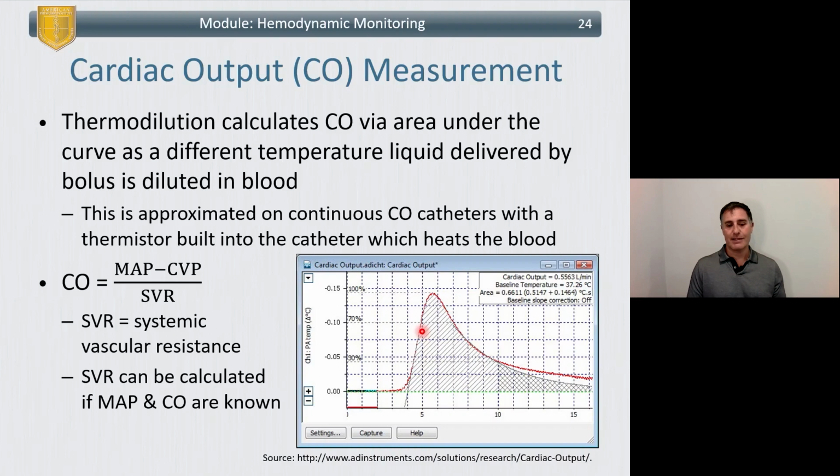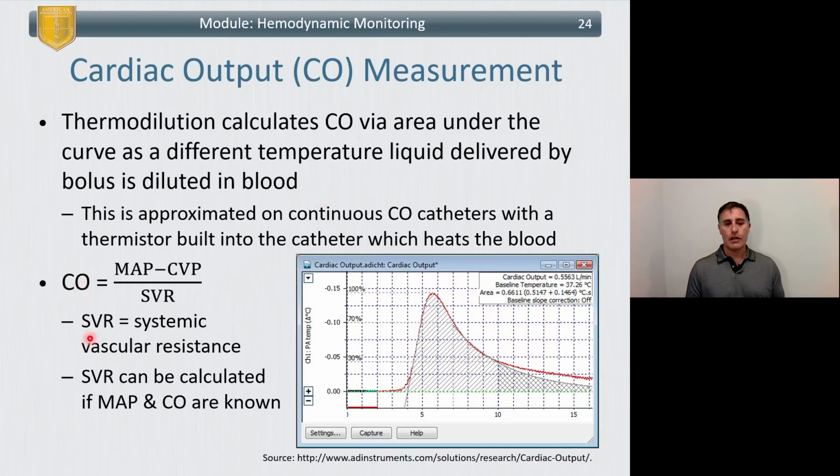And so that is the principle. So thermodilution is the principle behind the continuous cardiac output PA catheter using that thermistor. And because it's not just sporadically, but regularly warming and cooling down that thermistor, it's giving you continuous measurements of the cardiac output over time.